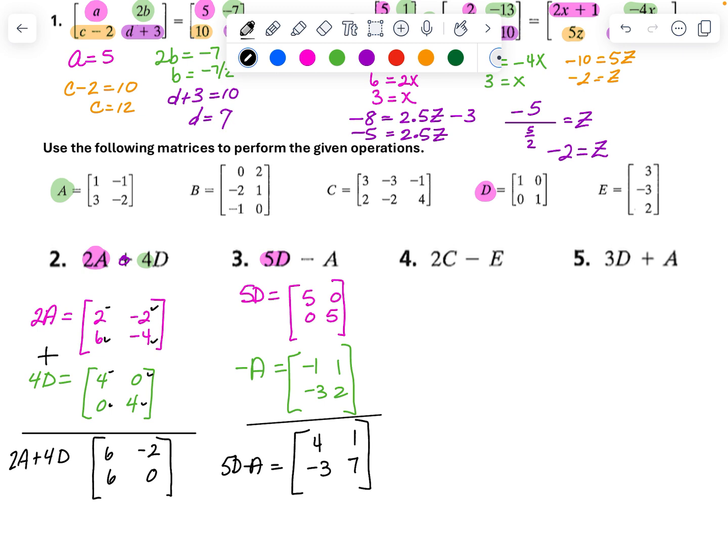Alrighty, 2C minus E. So 2C, I'm going to take C and double it. We cannot do this.